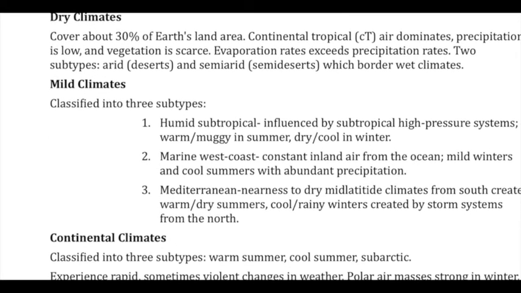Mild climates, you can have 3 basic types of mild climate. You can either have a humid subtropical mild climate like Florida, where it has a winter, but it's not a snowy winter. It's maybe a cooler winter.